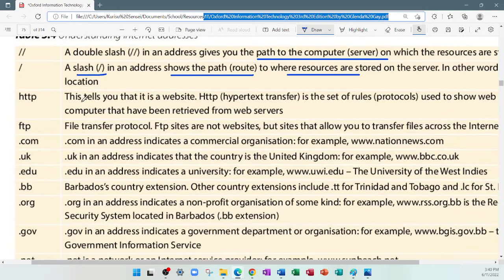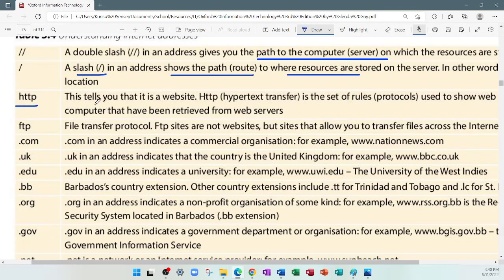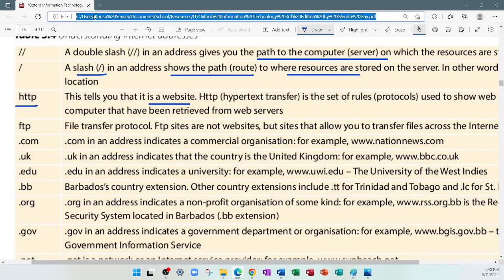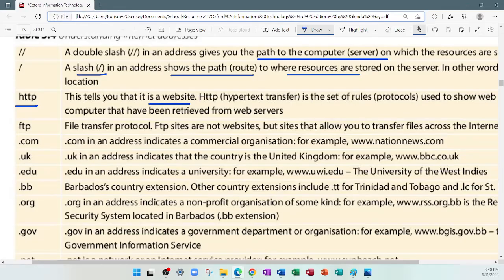Now, what does HTTP stand for? HTTP is telling you that you are accessing a website. Now, if you notice here, can you guys see at the top there? See, there's a file colon. You guys seeing that? Yes, sir.